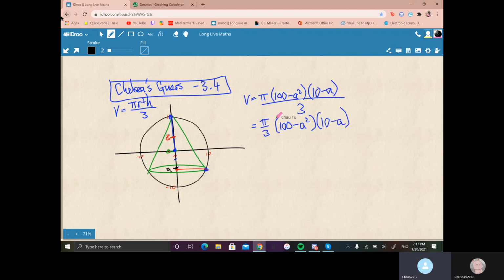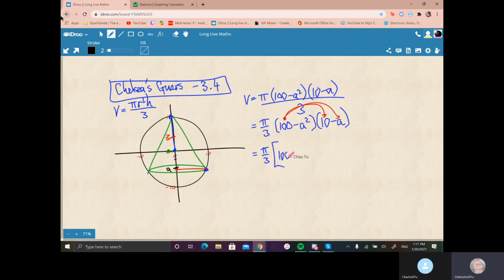So now multiply this out for me. It's just one block multiplying another. So what does that become? Chelsea? This times this. 100 times 10 is 1,000.